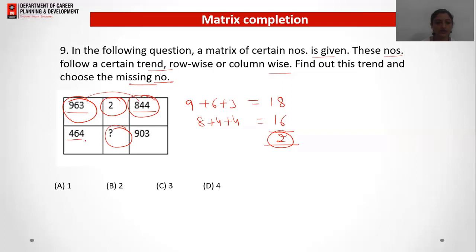If we follow the same pattern in the next row, we will add all the digits of the given number. 9 plus 0 plus 3 comes out to be 12. If we subtract these sums, we will get 2. It means in the center box, there should be 2. So option B will be the correct answer.